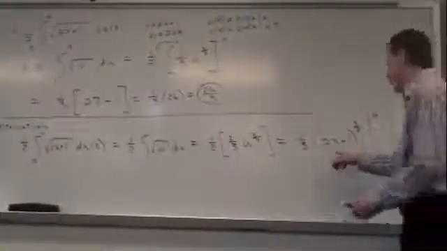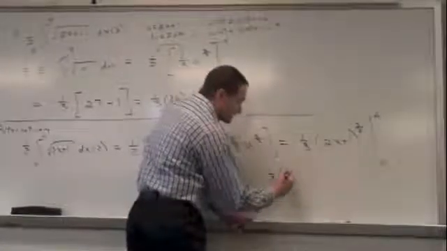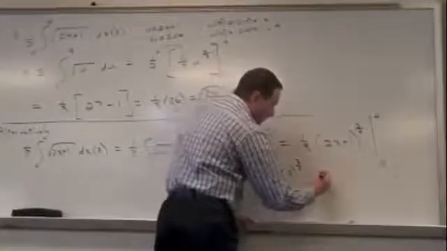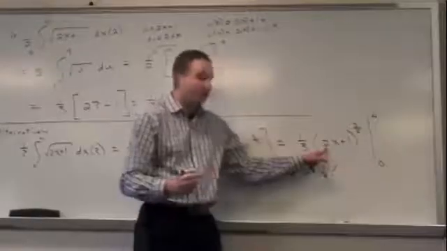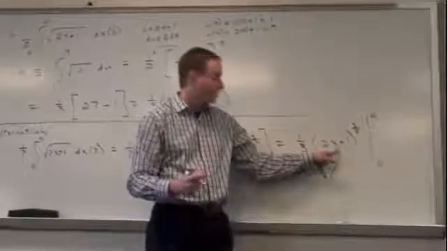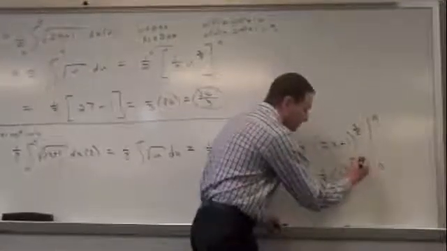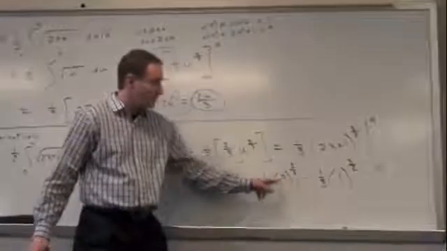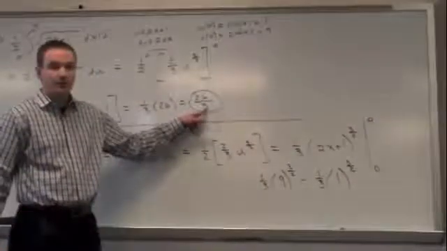So you'd say, well, I would have 1/3 times 9 to the 3 over 2 power minus 1/3 times, when I plug a 0 in there, 2 times 0 is 0, plus 1, 1 to the 3 over 2 power. So I would still get my 27 over 3 minus 1 over 3 for 26 over 3.